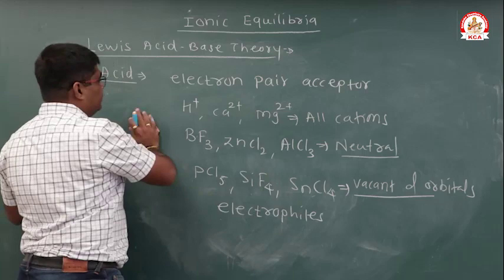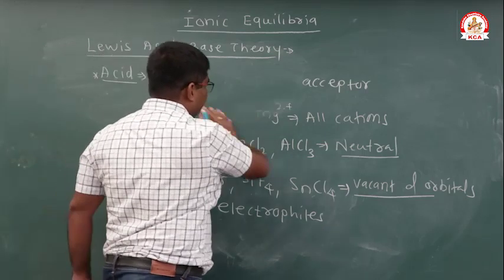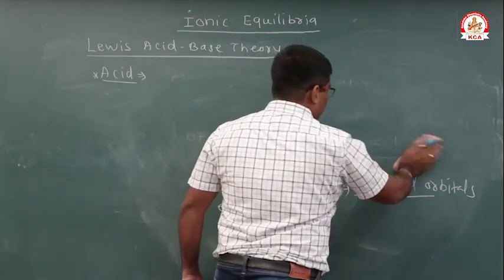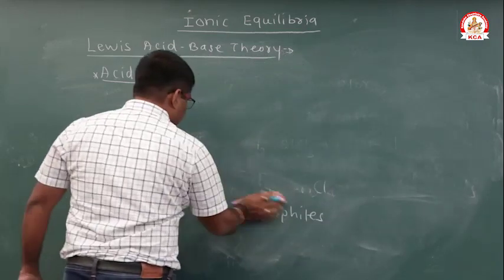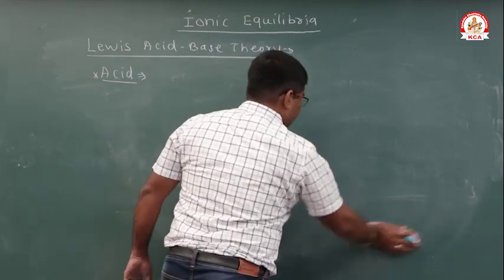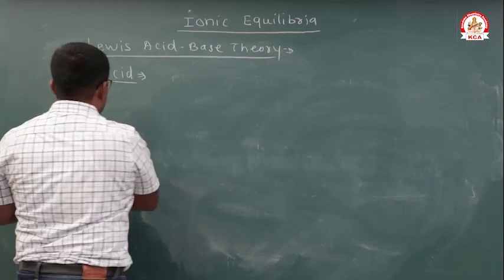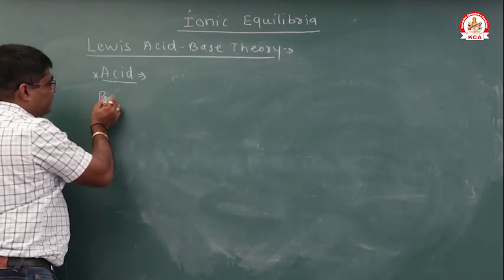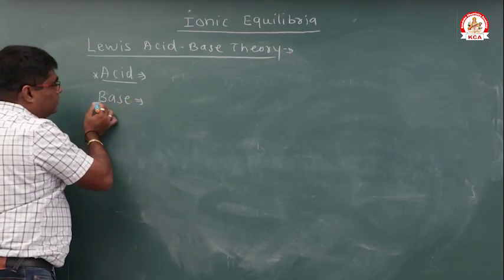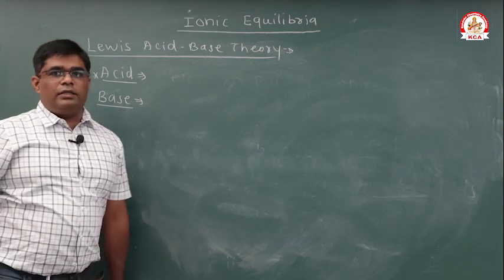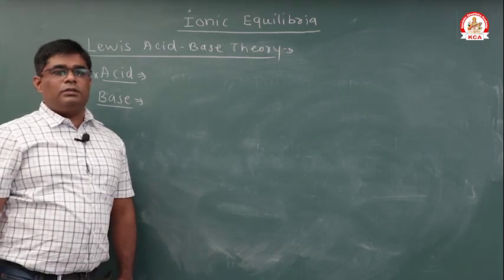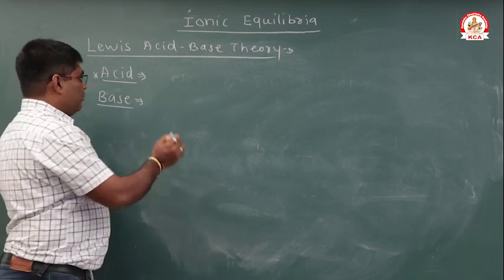Second, that is the Lewis base. So what are the Lewis bases? The substance which donates the electron pair to another substance is known as a Lewis base.